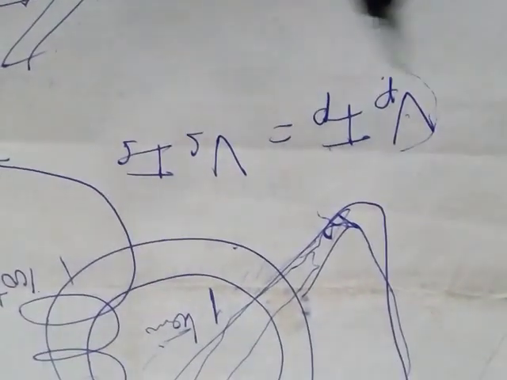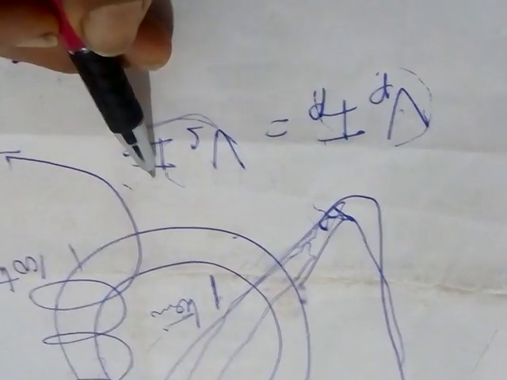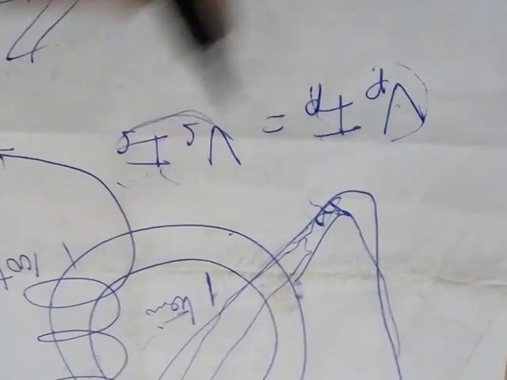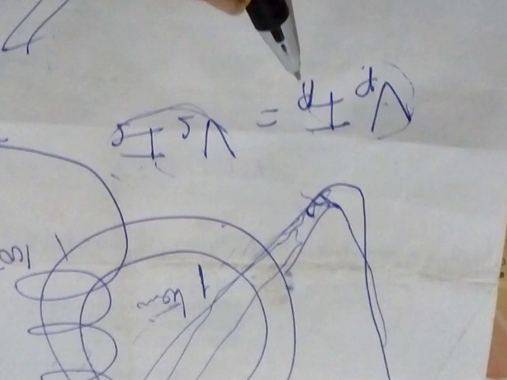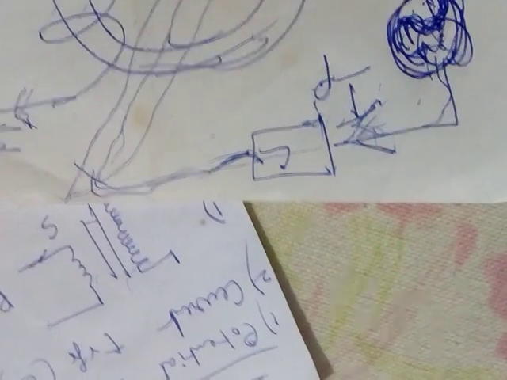Primary volt ampere is equal to secondary volt ampere. In a current transformer, primary current is determined by load, not by itself.